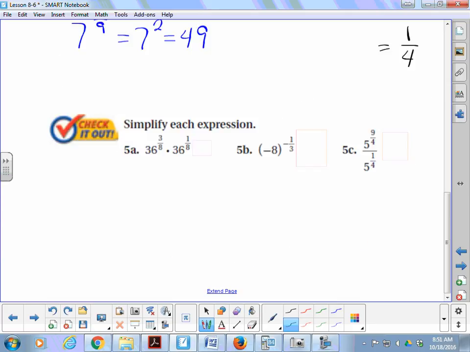And then let's look at the last one here because of the negative exponent. Whenever you have a negative exponent, we take the reciprocal and make it positive. So this is going to be 1 over negative 8 to the positive 1/3 power.